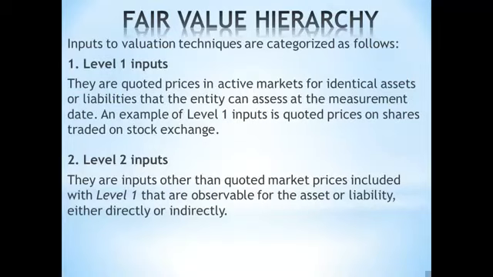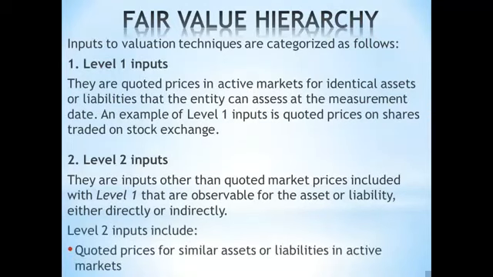And what are some of the examples of level 2 inputs? Level 2 inputs include quoted prices for similar assets or liabilities in active markets. So here we look at quoted prices for similar assets. Here it is no longer identical but similar assets or liabilities in an active market.